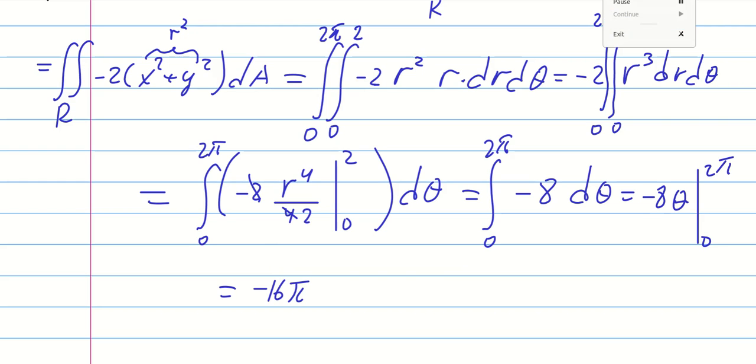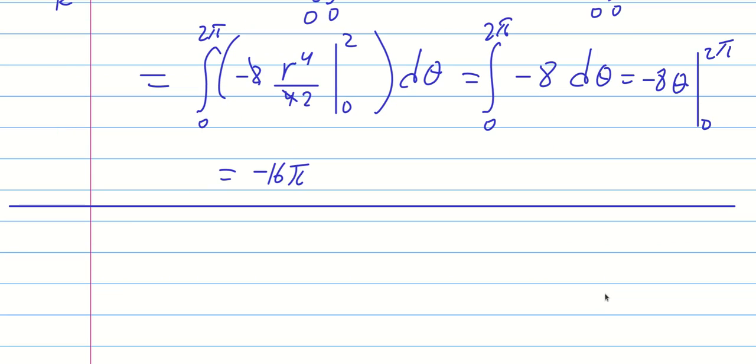Okay, so what do we do next? So next we're going to talk about heat flow. To talk about heat flow, we're not going to dive deep into the physics, but we can derive the following.